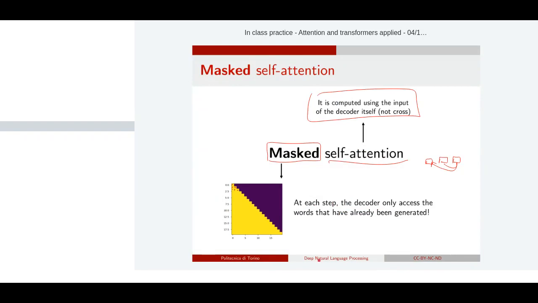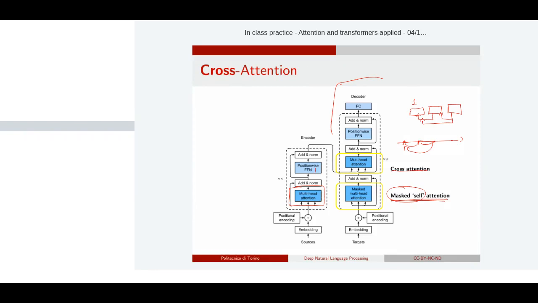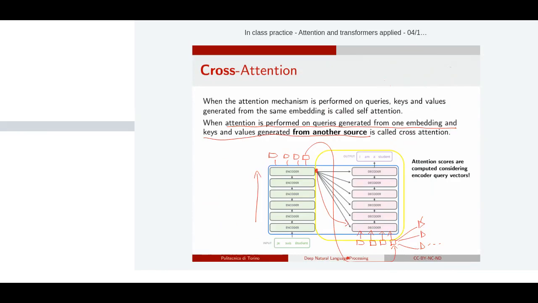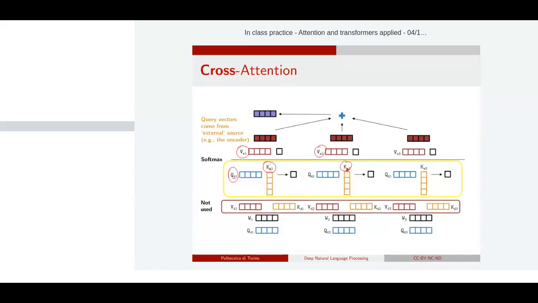So here in the decoder, I have the masked multi-head attention. It's the same operation, but instead of computing these operations for all the words in the sequence, because I don't really have the other words since I'm generating them, for word 2, I'm paying attention to the word itself and the word before, that have already been generated.